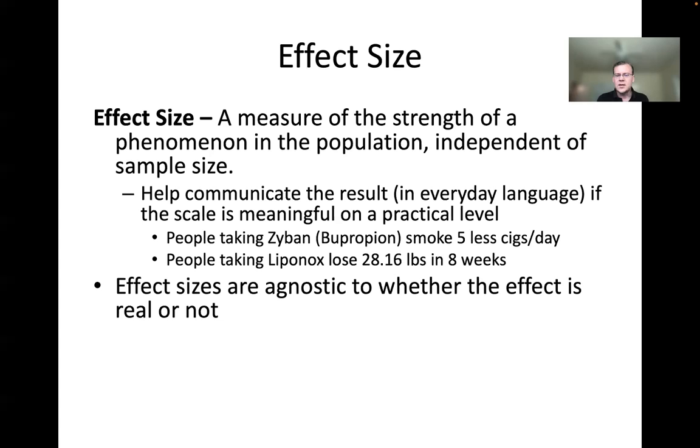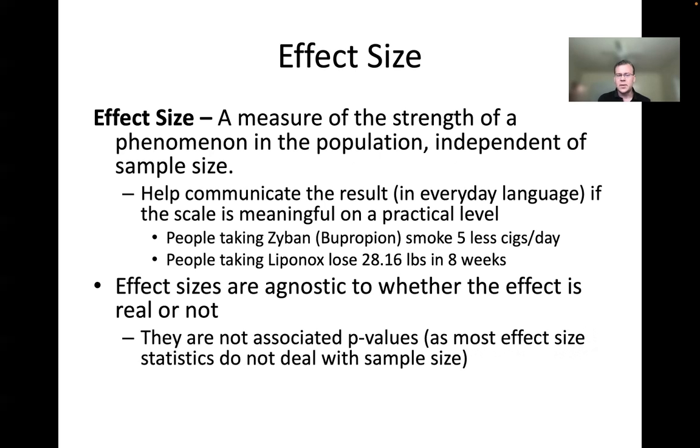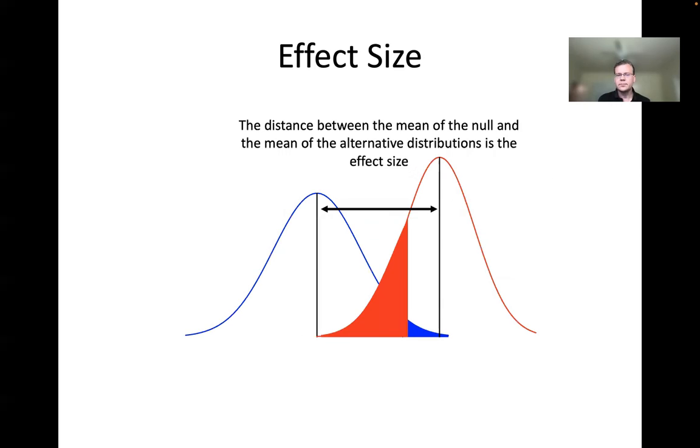Effect sizes are agnostic to whether the effect is real or not. So it could be a real effect, or it could be a false effect, and the effect size doesn't really care whether it's one or the other, because they're not associated with p-values, as they don't incorporate any components of sample size into them.